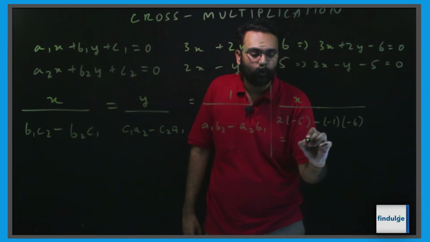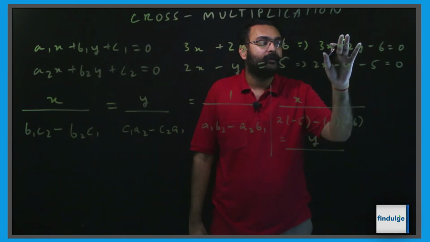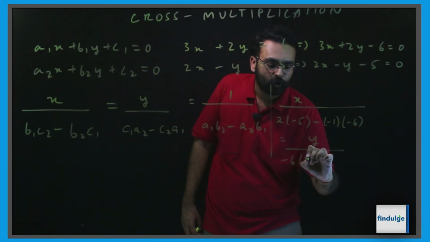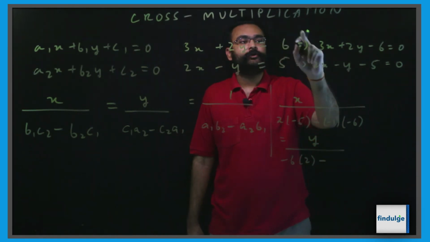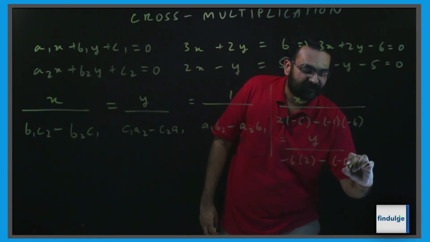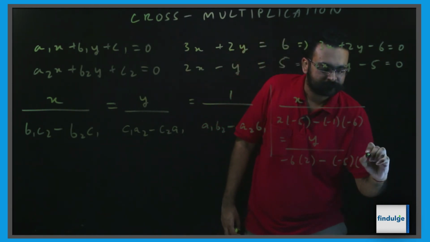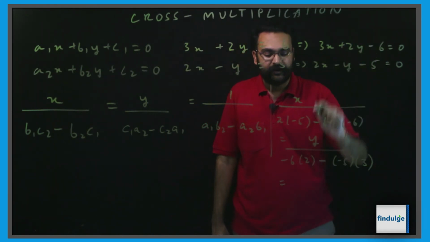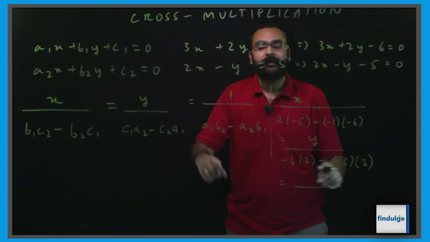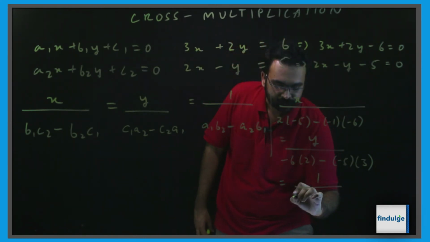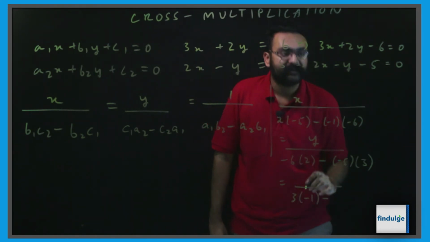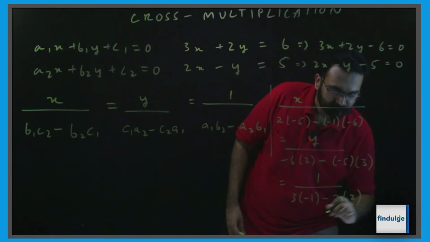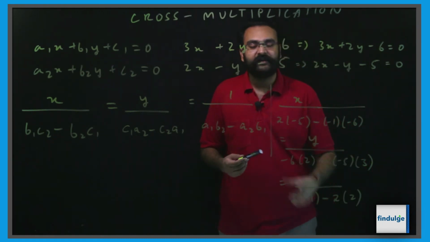It's going to be equal to y upon c1a2, minus 6 into 2, minus c2a1, minus 5 into 3. And they are each going to be equal to 1 upon a1b2 minus a2b1, 2 into 2. So these are our 3 fractions.